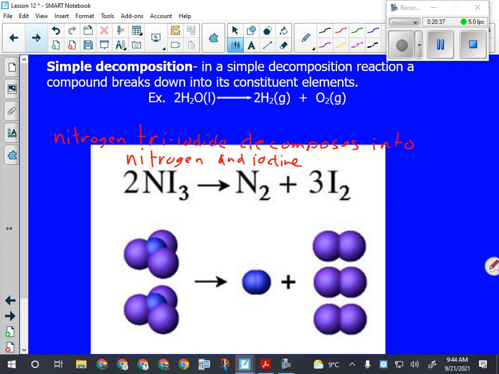If I'm not paying attention and I'm asked to write that out in formula form, I might go NI3 and I'll get it wrong. That's not how that reaction looks. Nitrogen and iodine do not exist by themselves. They come as 2's. Right?